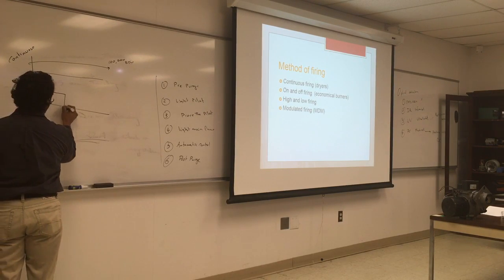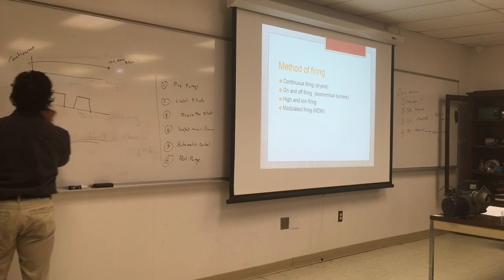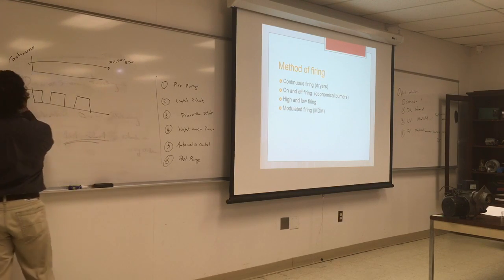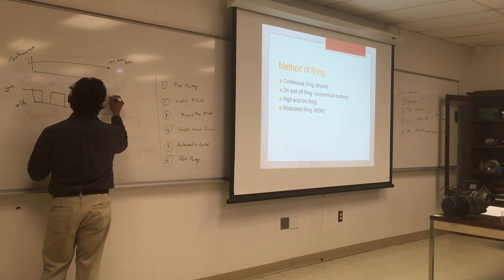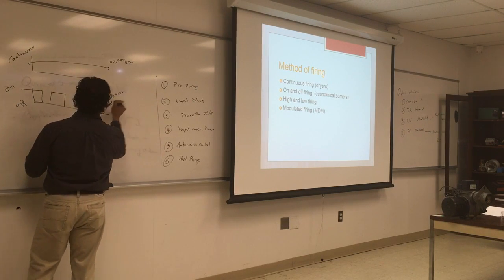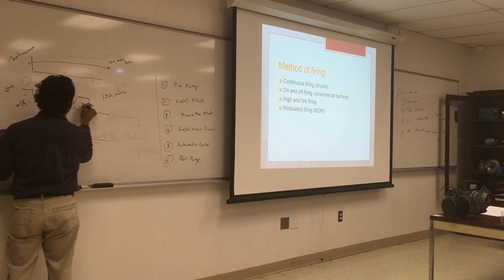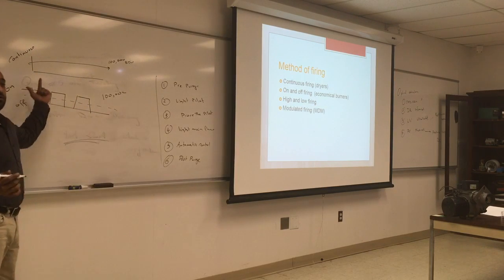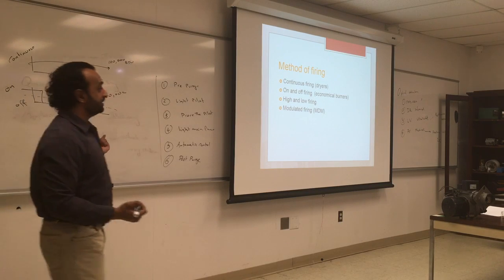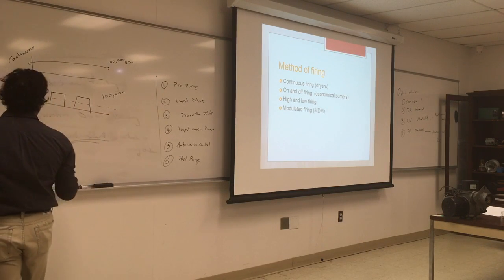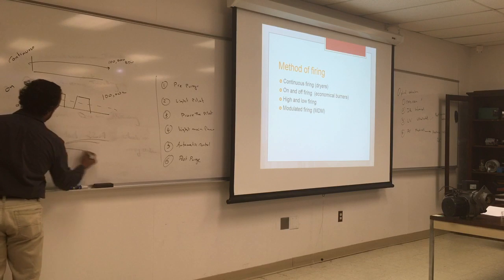You go up, off, as long as you need. And this is again on and off, and it will cycle back and forth. So you might need something in the middle here, and you just keep turning it on and off, which is okay, but again, it's not ideal. High and low fire you can have again.